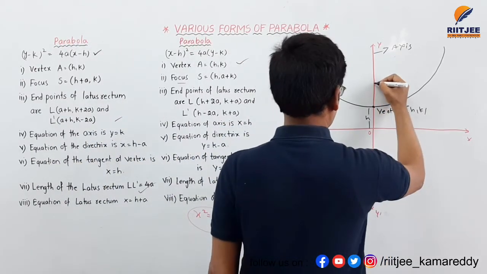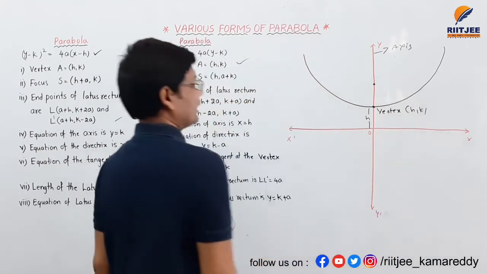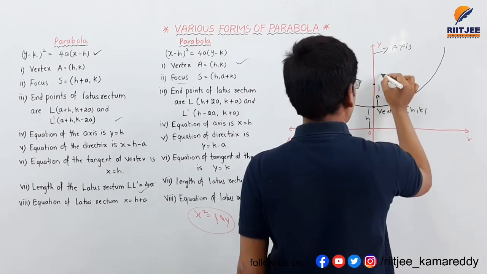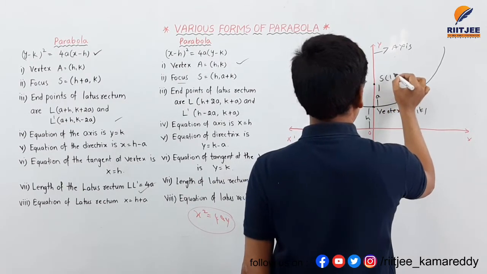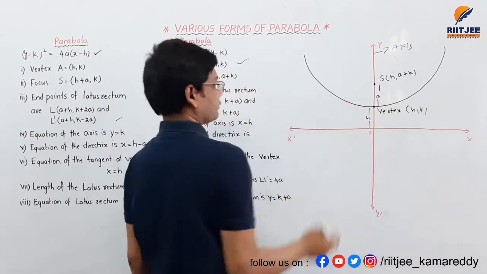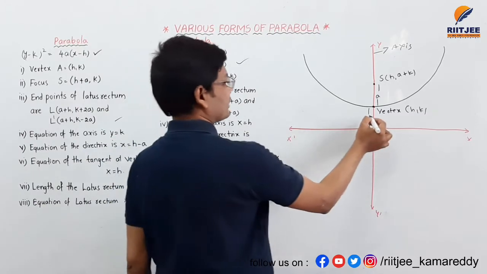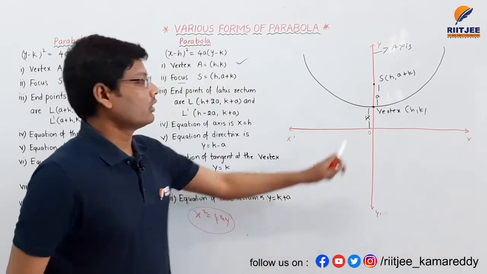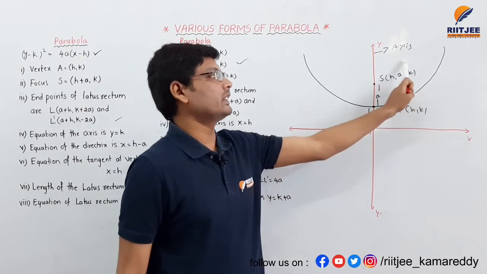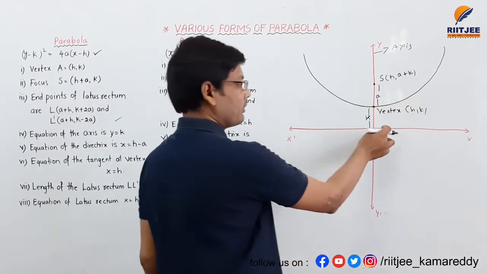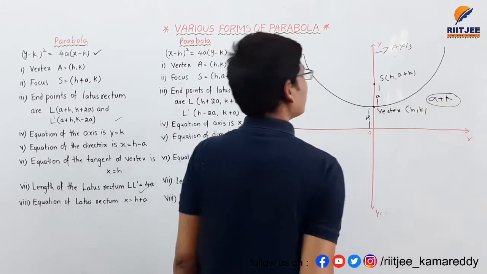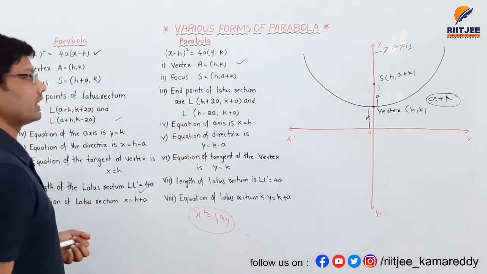The distance from the origin to the focus is a plus k.